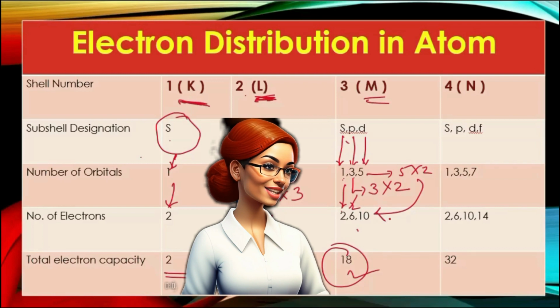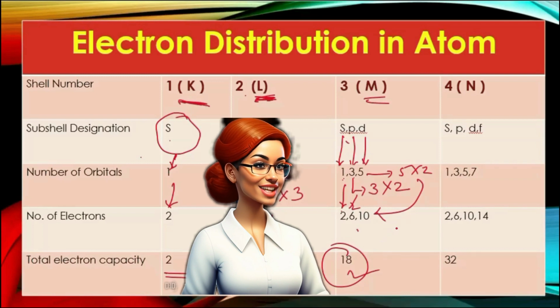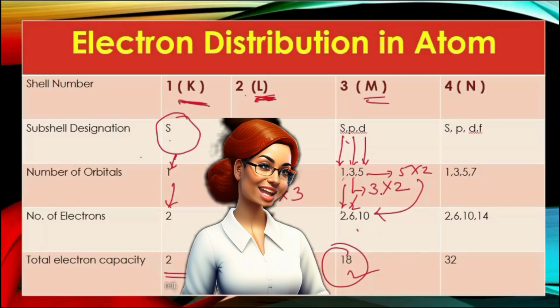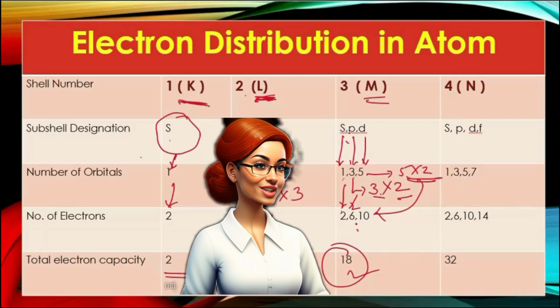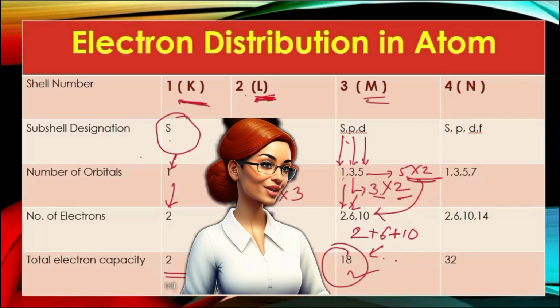The D subshell has 5 orbitals, each orbital has 2 electrons, thus D has a total of 10 electrons. In this way the M shell holds 2 plus 6 plus 10 equals 18 electrons.